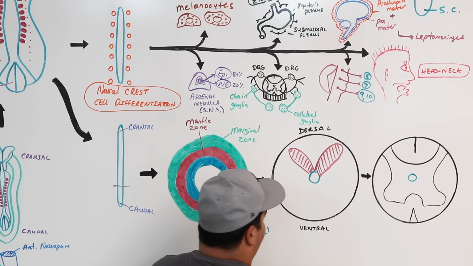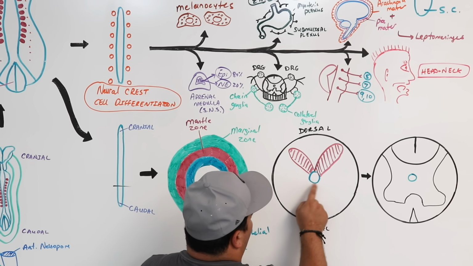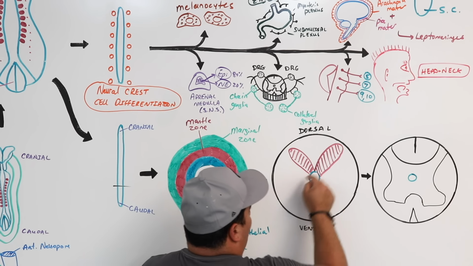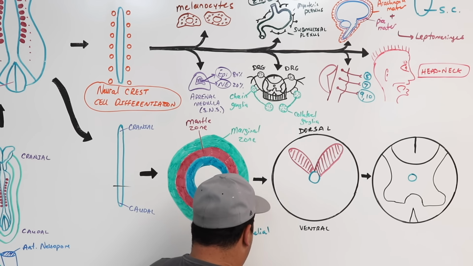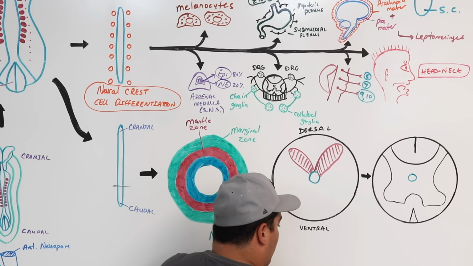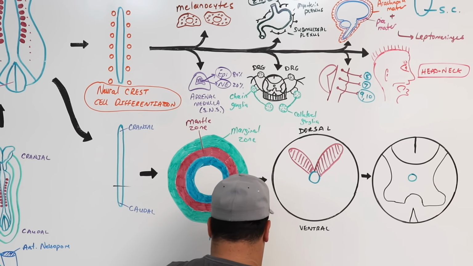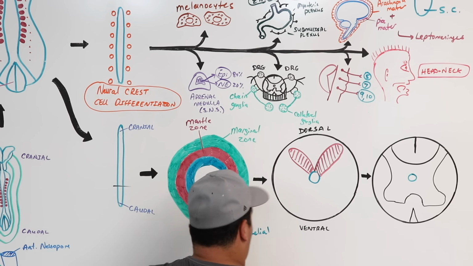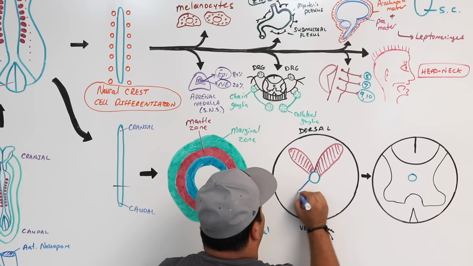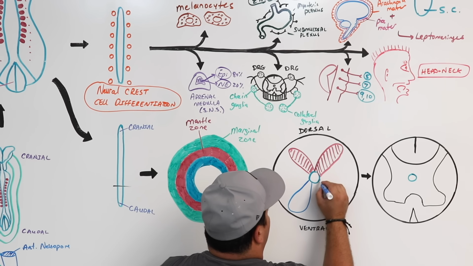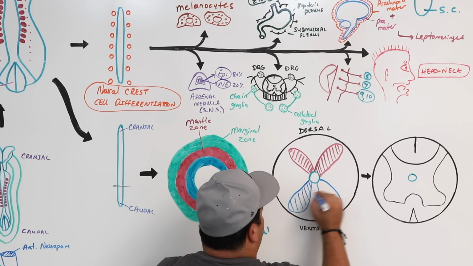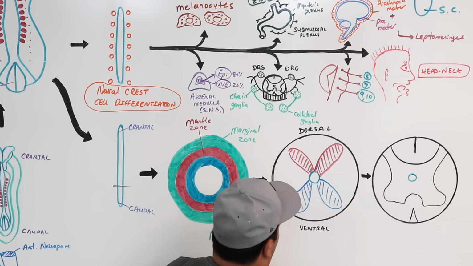Now, what happens is this neural tube forms structures that are going to work their way posterior towards the dorsum, and then it's going to have some other structures that are going to work their way anteriorly. And these two things are specific structures. They have specific names.